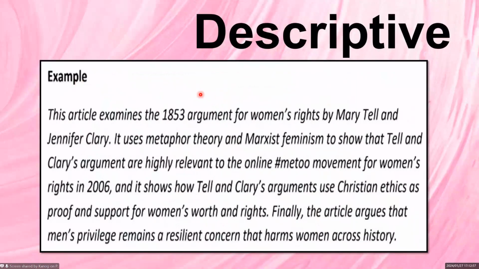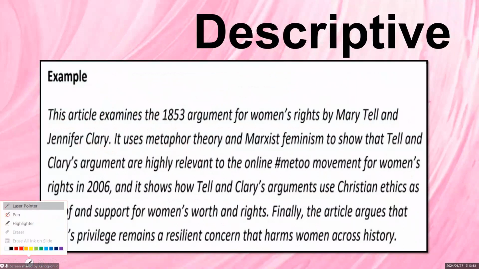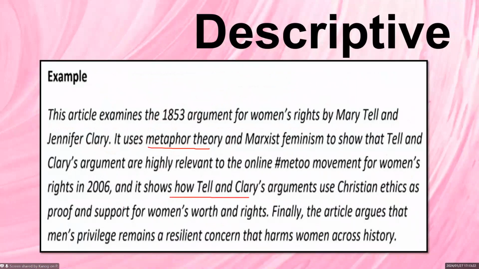A very short paragraph only. They're talking about how this article examines the 1850 Agreement of Human Rights by Mary Tails and Jennifer Carey. It uses metaphor theories. So this is just a short mention of the methodology, what they use. And then they have the result, and finally the article argues that.